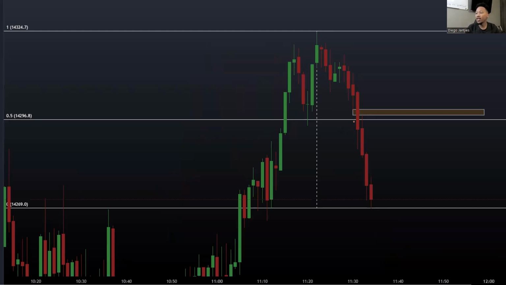There you can see the low was taken out. Your premium area is now coming through inside this region right over there. And here you can see that fair value gap is lining up inside your premium area.